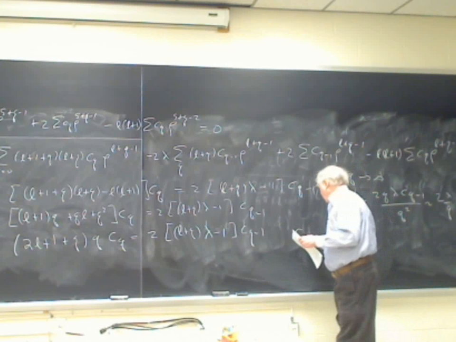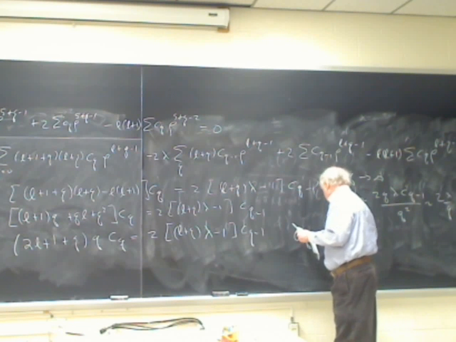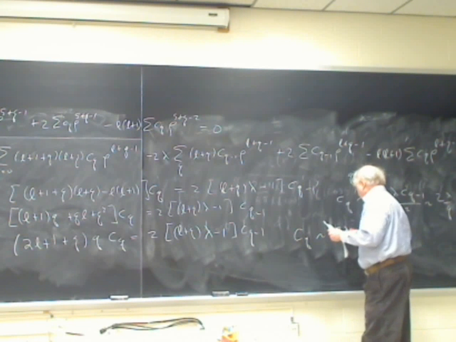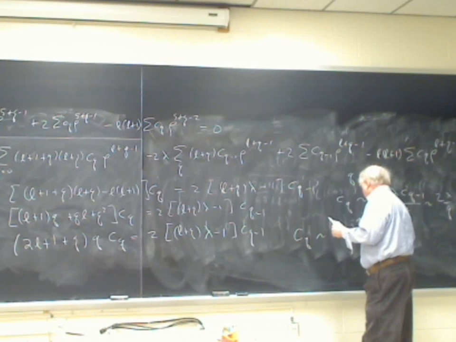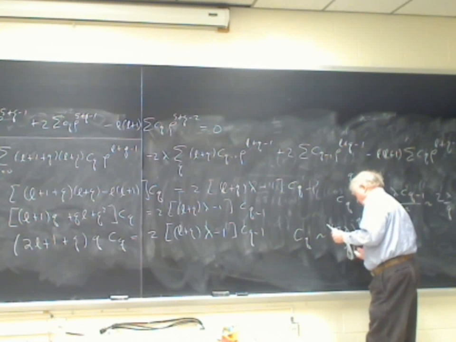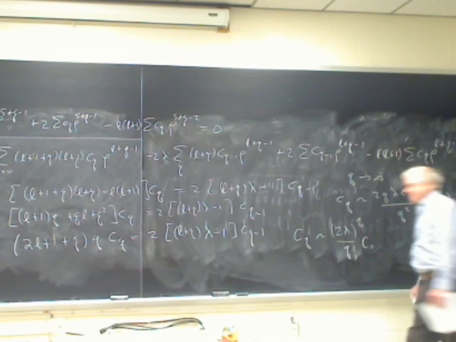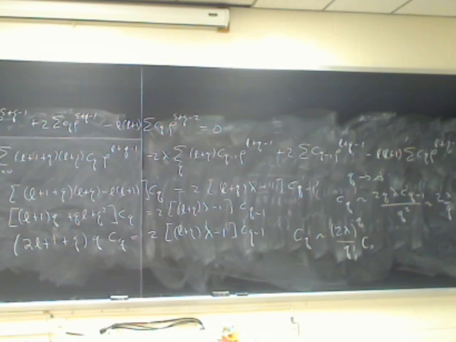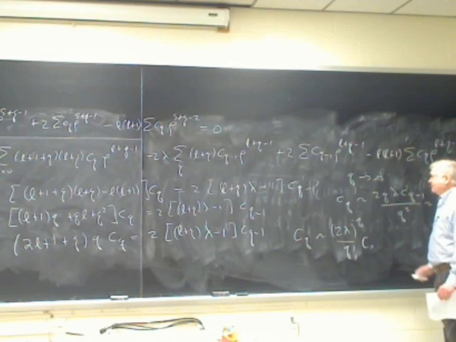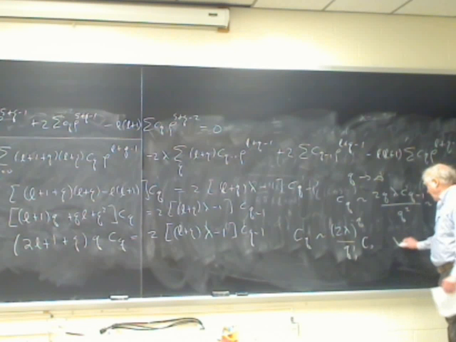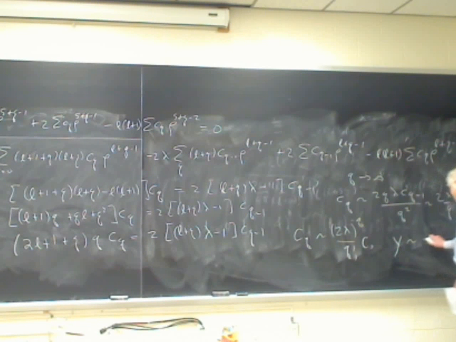That means that roughly c_q is going as (2 lambda) to the q over q factorial times c_0. This is just a large q behavior, not the exact behavior. And that means that y is going as e to the 2 lambda rho.